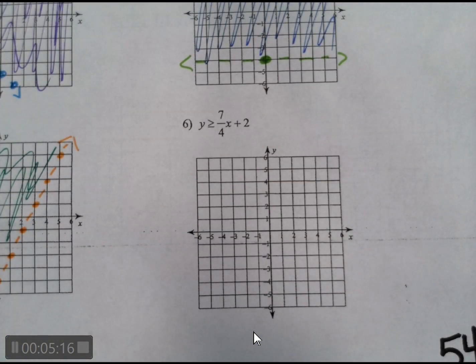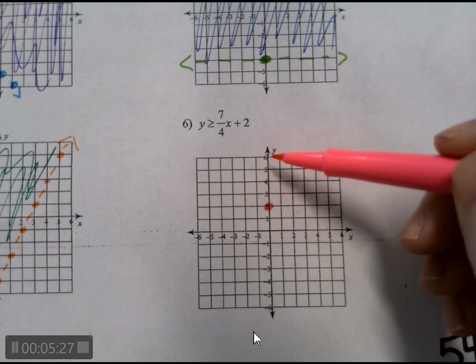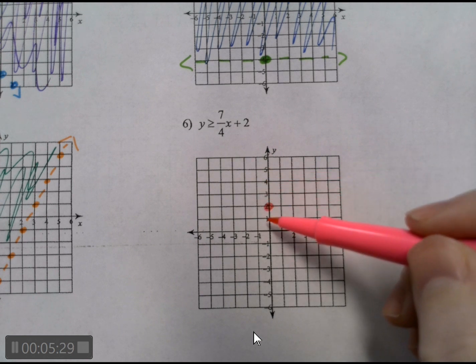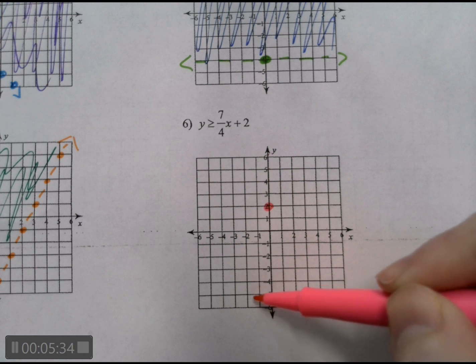For 6, y is greater than or equal to 7/4 x plus 2. So we start at 2 and we go up 7. Oh, I can't go up 7, so now I'm going to go down 7 and to the left 4.